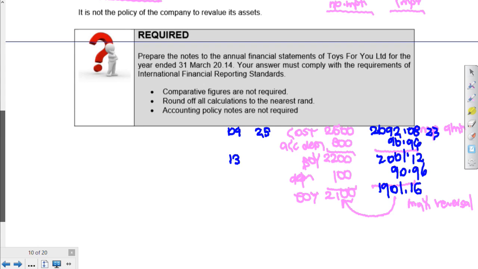So your maximum reversal is between 1901 and 2.1. Sorry, I am working in thousands. I don't even want to go see where my error is. So the maximum amount that can be reversed is 199, and what will happen at your end is I will reverse 199 to get me back to 2100.